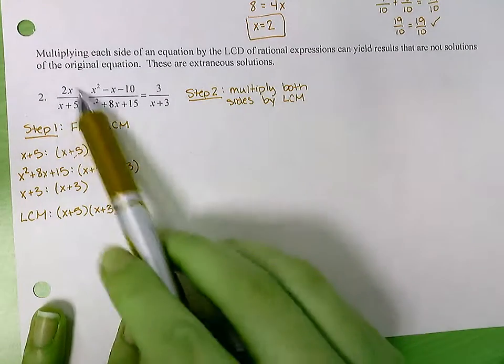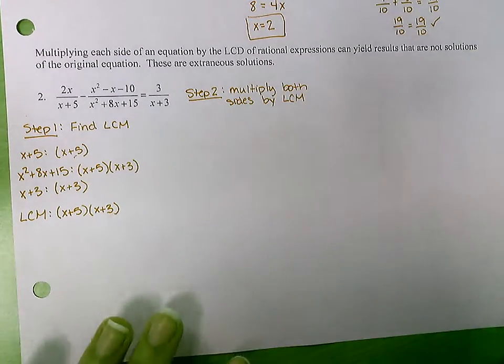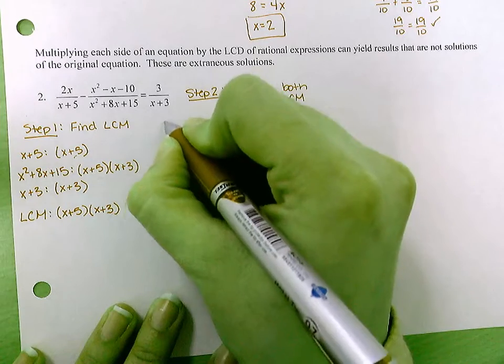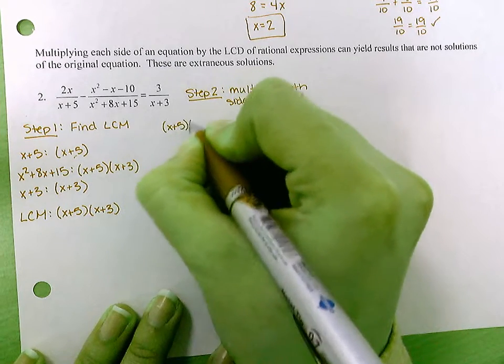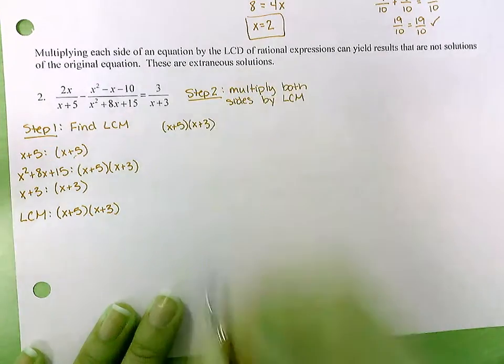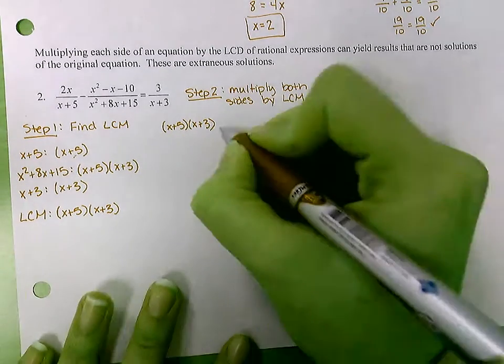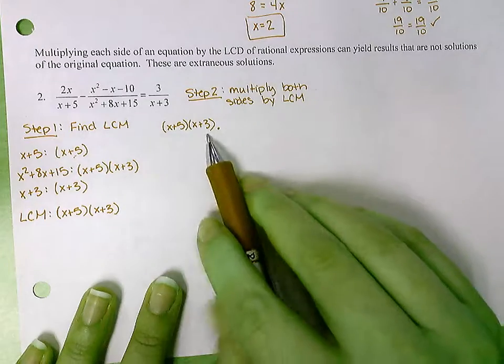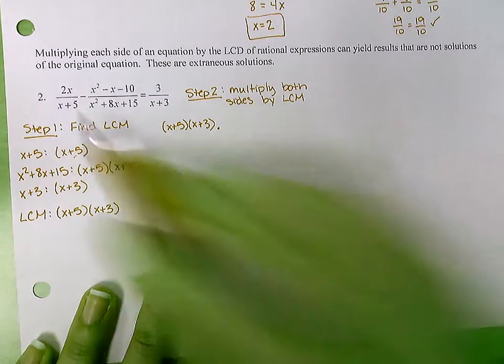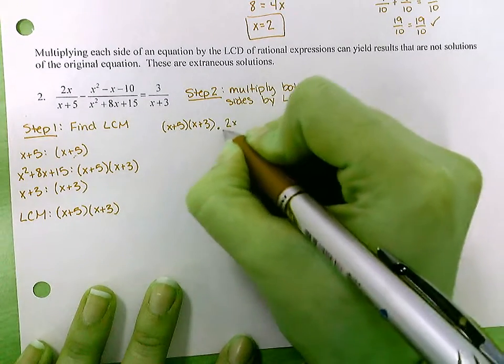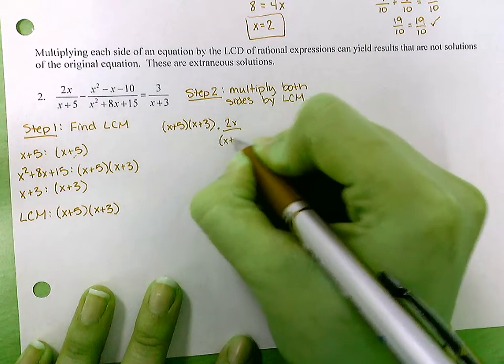Okay, so taking our first fraction here, we're going to take x plus 5 times x plus 3. Don't write super big. You're going to multiply that LCM by our first fraction. Okay, so we have 2x over x plus 5.